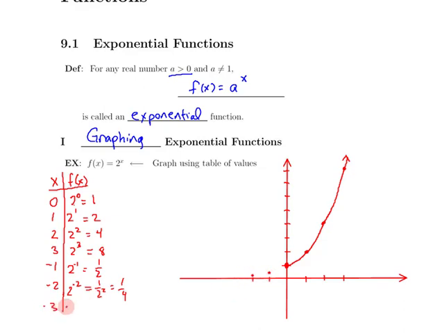If I do -3, 2 to the minus 3 is 1 over 2 cubed, so that's 1/8, even half as high as the previous one. So as I go out to the left, it continues to get closer and closer to the x-axis without ever touching it. So this is the shape of the graph for y equals 2 to the x.